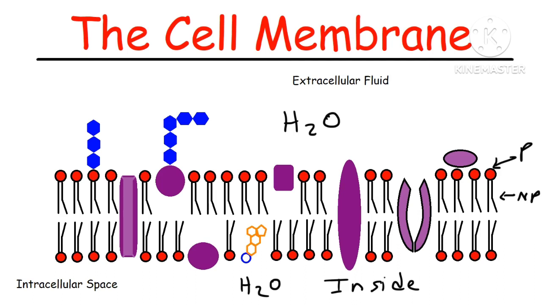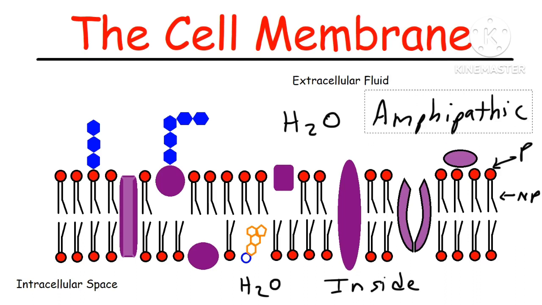What word is that? That word is amphipathic. Phospholipids are amphipathic because they're both hydrophobic and hydrophilic. So they make up the phospholipid bilayer of the cell membrane. So that's the first component of the cell membrane that you need to be familiar with.